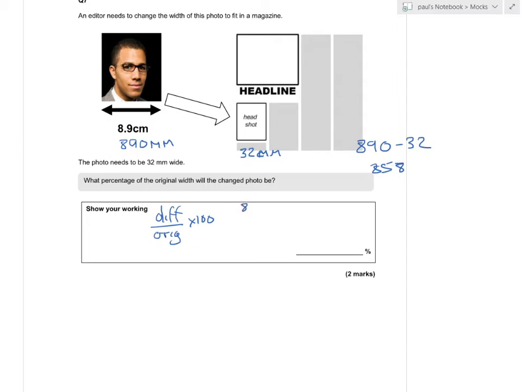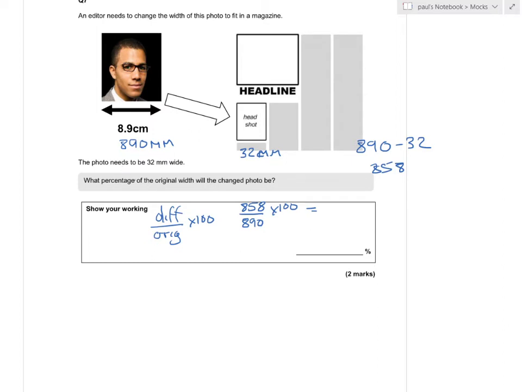So we're going to have 858 over the original 890 times 100. 858, press the wrong button there, divided by 890 times 100 equals 96%.